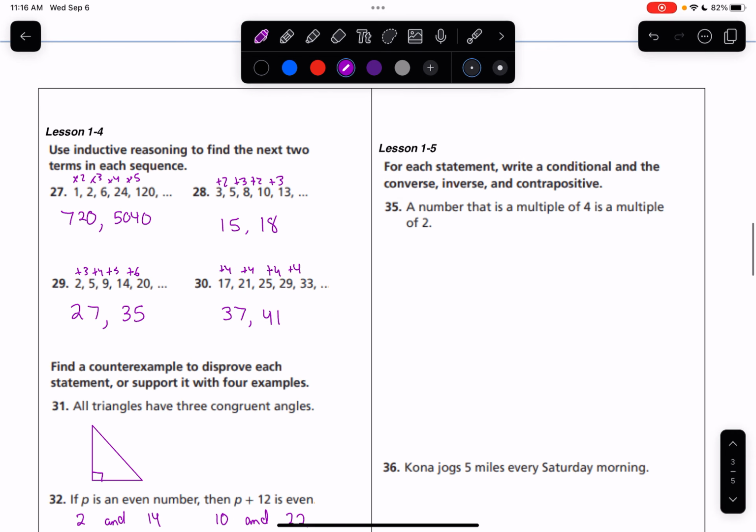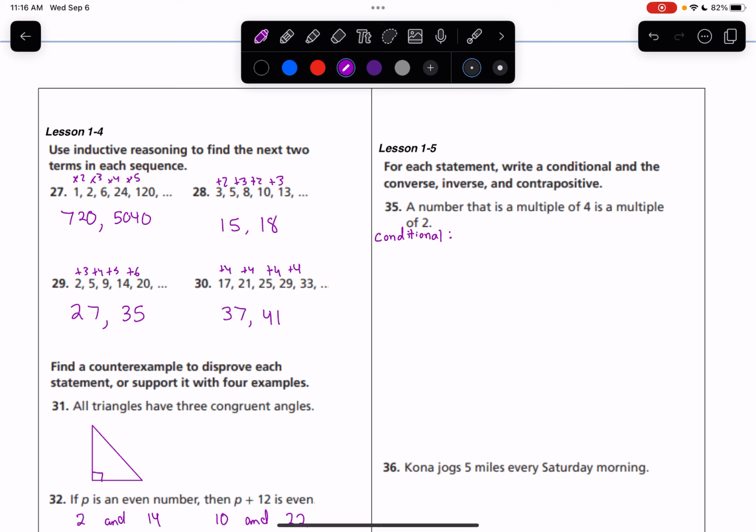All right, we're writing some things here. For each statement, write a conditional and the converse, inverse, and contrapositive. So it actually gives us the statement, but it's not a conditional yet. We need to change it into the conditional, which is the if-then statement.